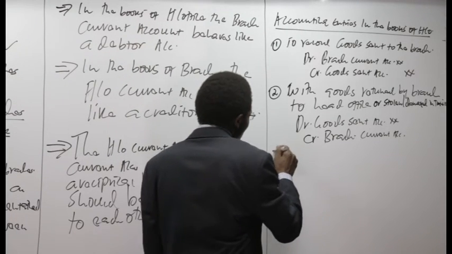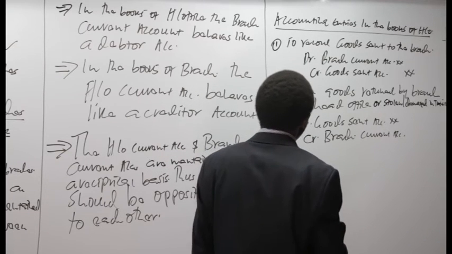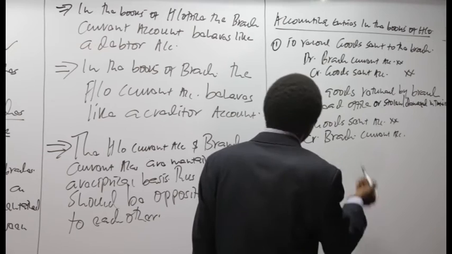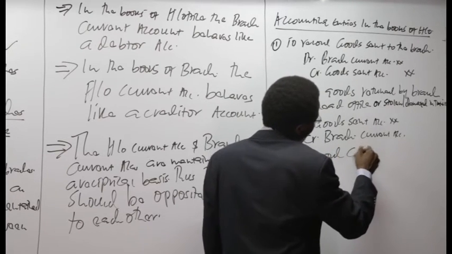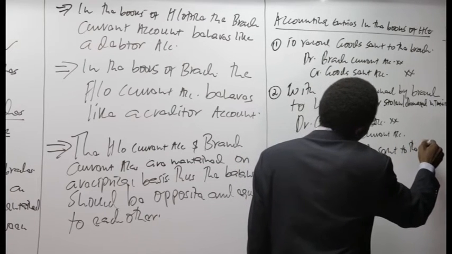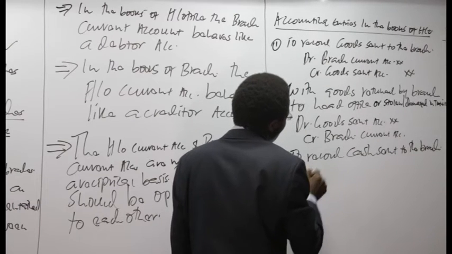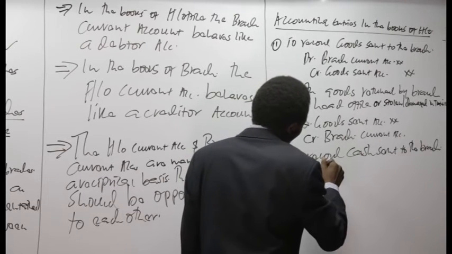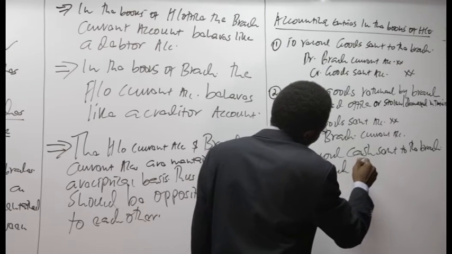Then number 3, we talk about some expenses, or rather before some expenses, some cash, to record cash sent to the branch. We are going to debit our branch current account.